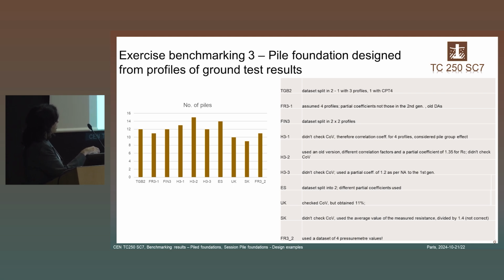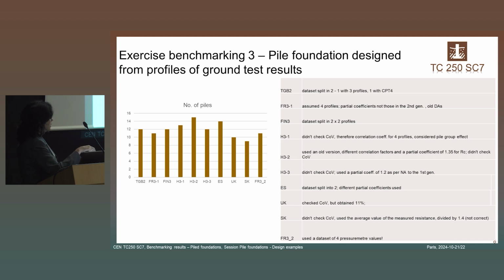In Spain, they checked the coefficient of variation, and they split the data set into 2, but they used different partial coefficients. In the UK, they checked the coefficient of variation, but probably they made a mistake because they obtained 11%, so it was less than 12%, and they applied directly the coefficients in the table.